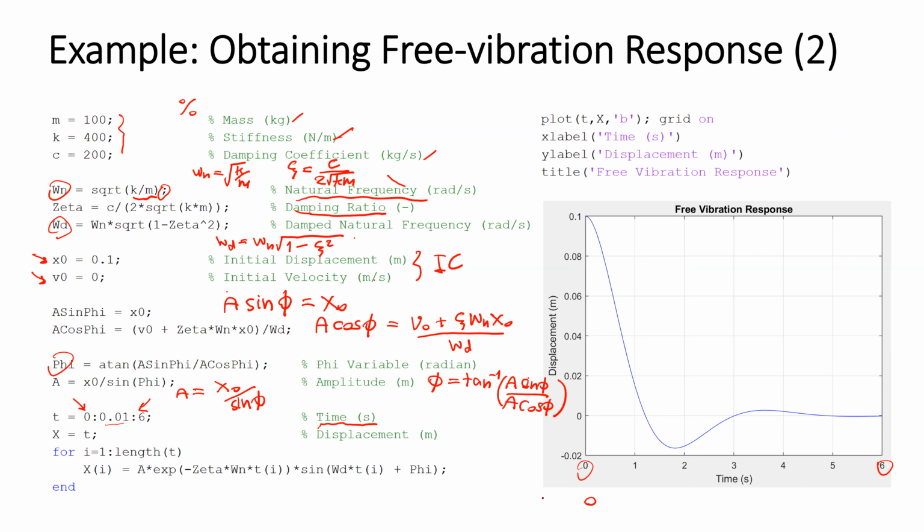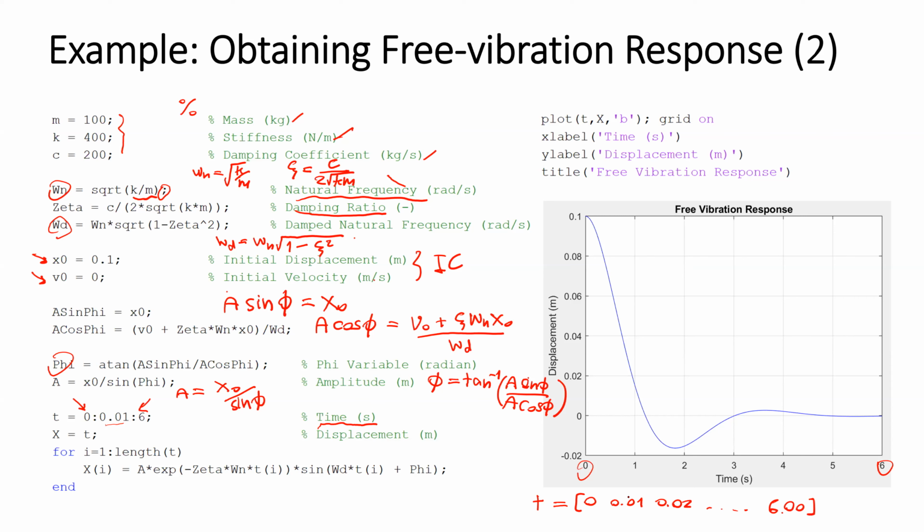So the data points will be 0, 0.01, 0.02, until 6.00. The variable time will store the value of the time.